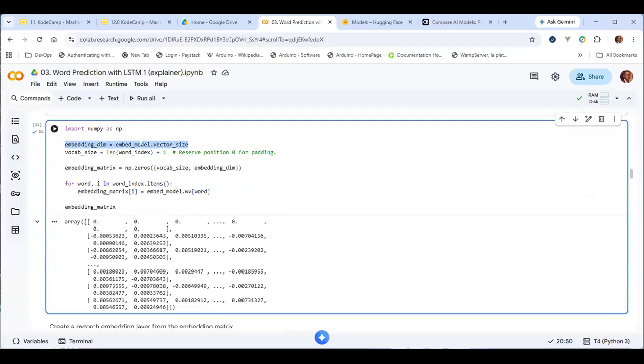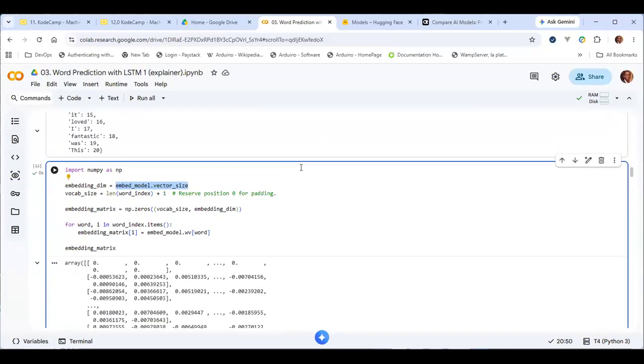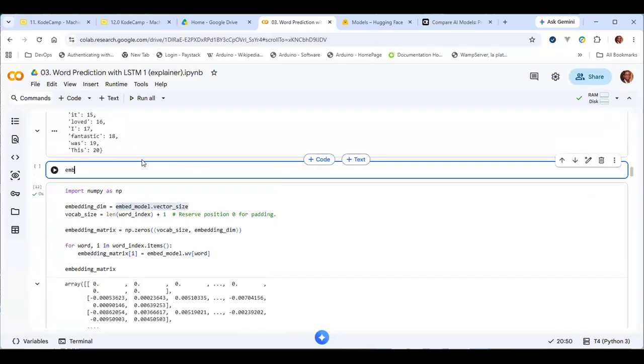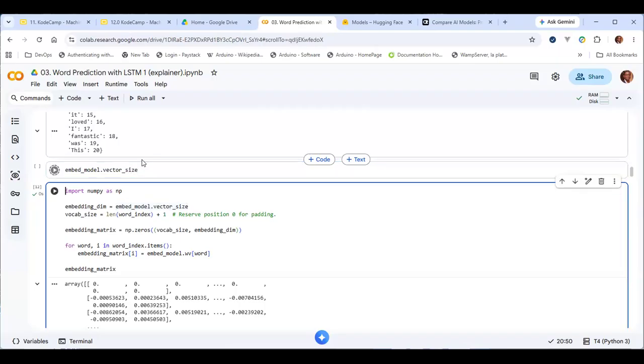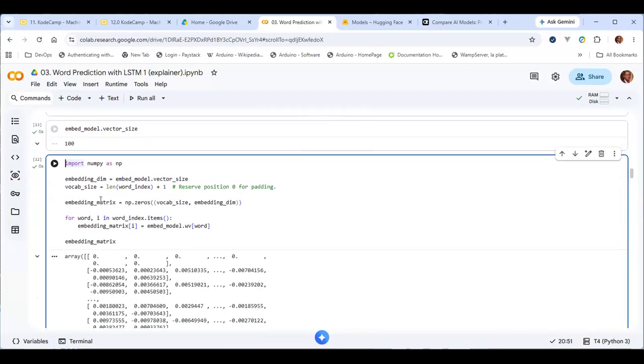So the embedding dimension is to get the vector size. The vector size is going to be 100 in this case because we chose it to be 100. You can just confirm that here, embedding model dot vector size. Remember, that's what we specify when we're creating it. So that's 100. Then the vocabulary size, which is the number of words in our vocabulary, is the length of the word index plus one.